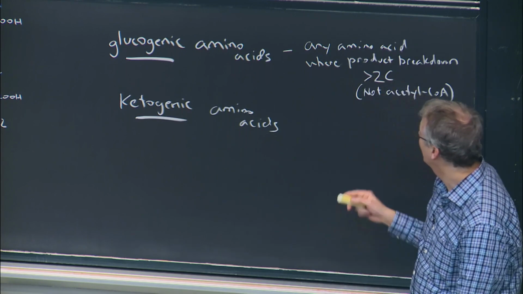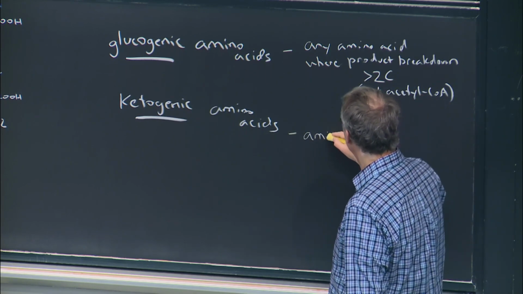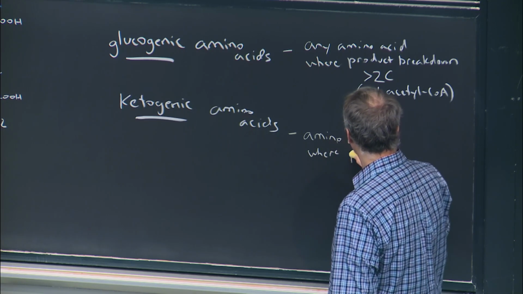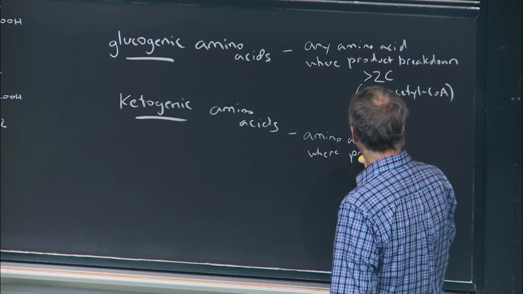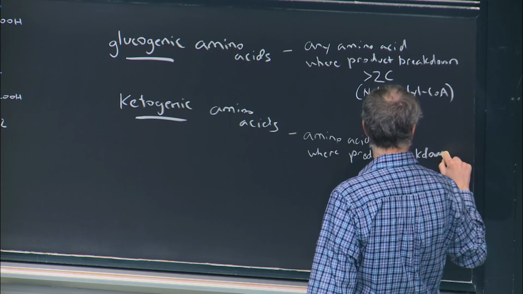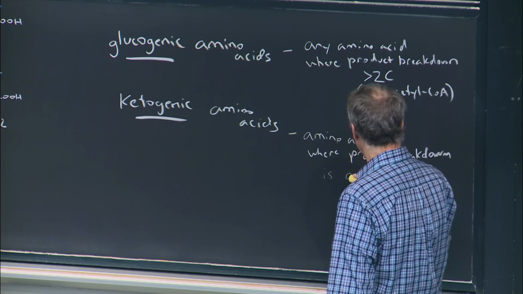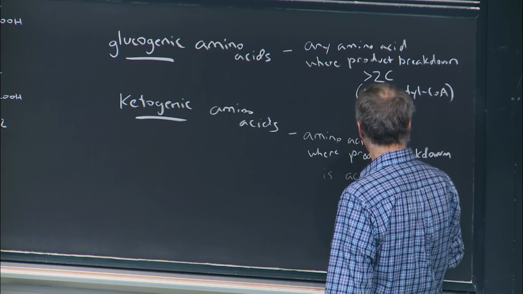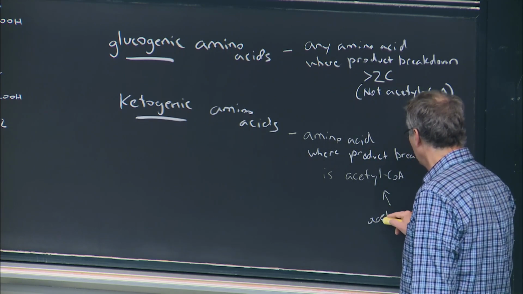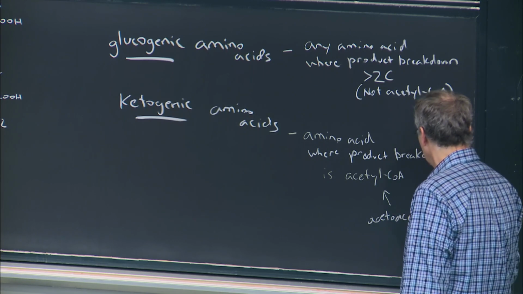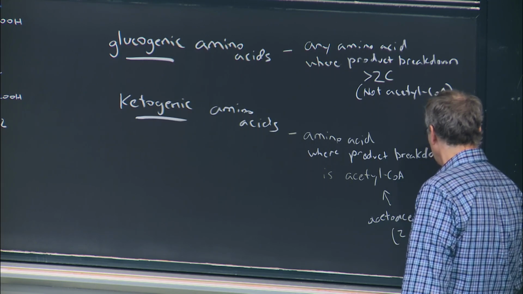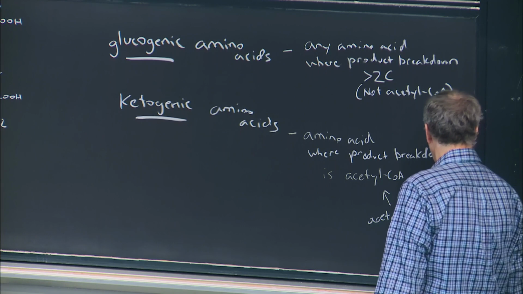Whereas a ketogenic amino acid is an amino acid where the product of breakdown is acetyl-CoA, and I should mention, or acetoacetate, because acetoacetate, as we saw, is 2 acetyl-CoAs.